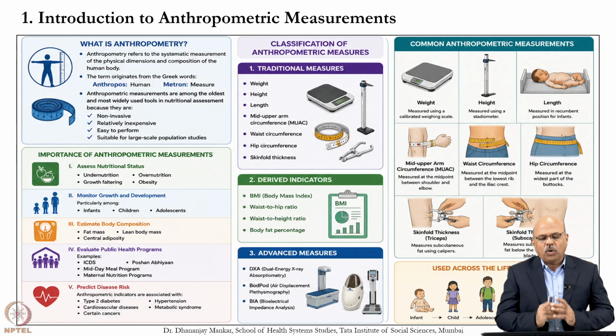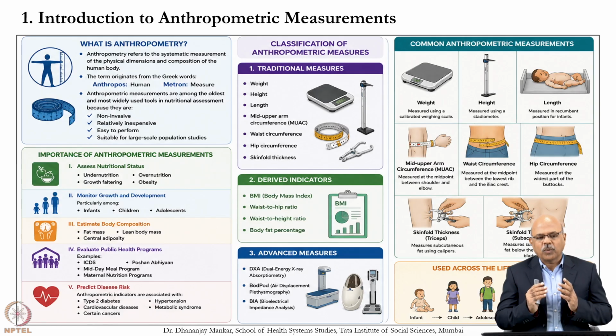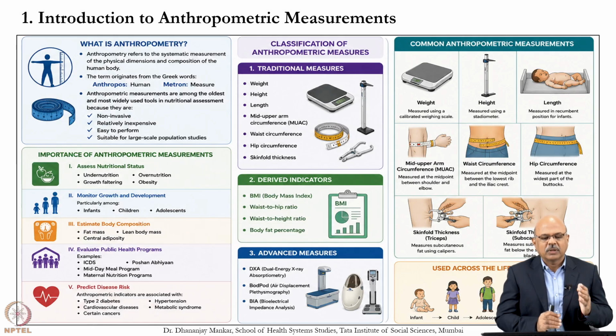The importance of anthropometric measurement lies in nutrition studies, especially in undernutrition, overnutrition, growth failure, and obesity. It plays a very important role in monitoring growth and development, particularly for infants, children, and adolescents. It is also beneficial for estimating body composition, particularly fat mass, lean body mass, and central adiposity.